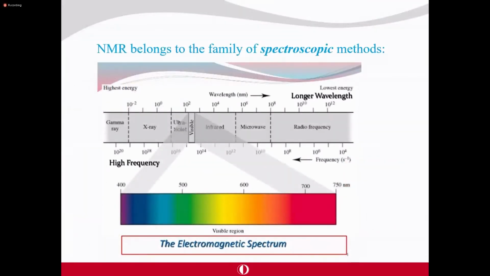Okay, so let's first start with the basics. Nuclear magnetic resonance belongs to the family of spectroscopic methods. And we know that when you talk about spectroscopic methods, we usually refer to different regions in the electromagnetic spectrum.